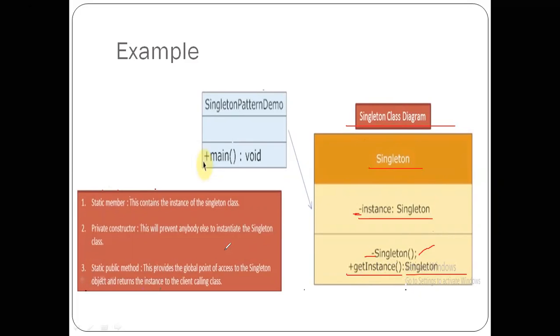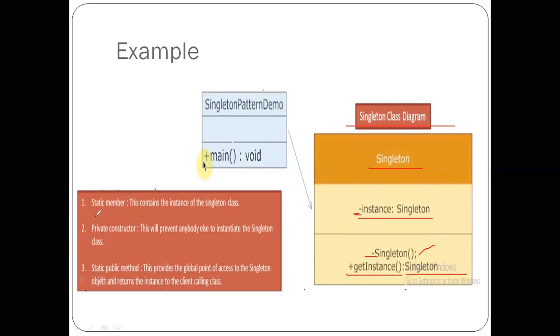Here we also have three specific rules for the class definition of a singleton. If you want to create a singleton class, you must follow these three rules. What is the first rule?